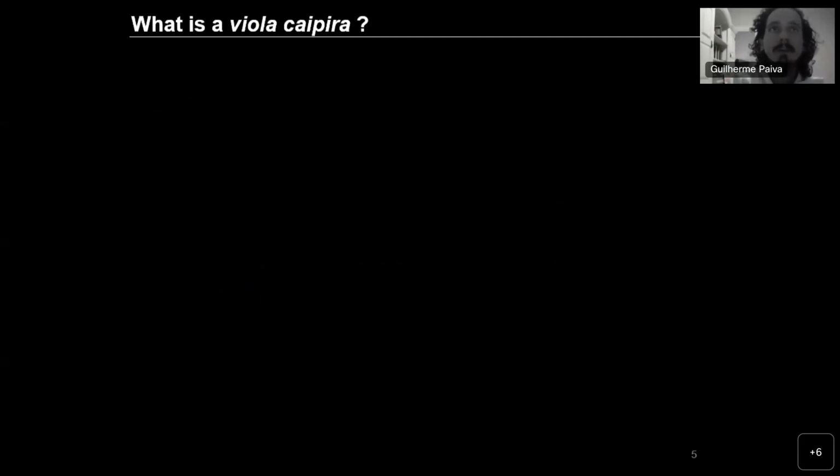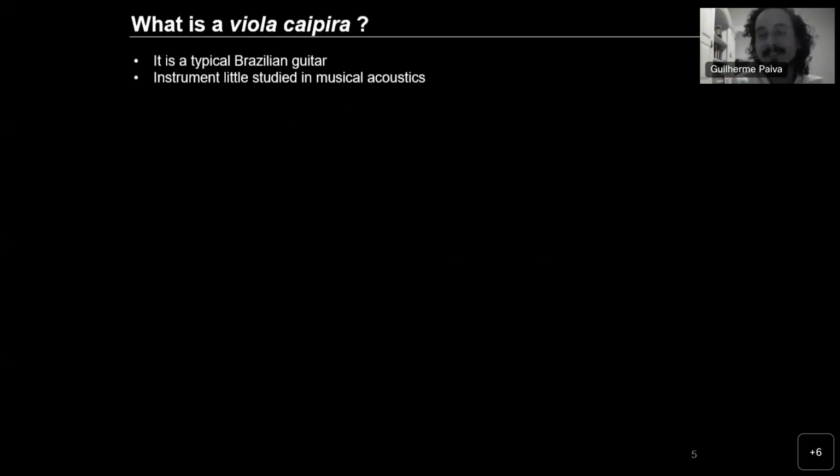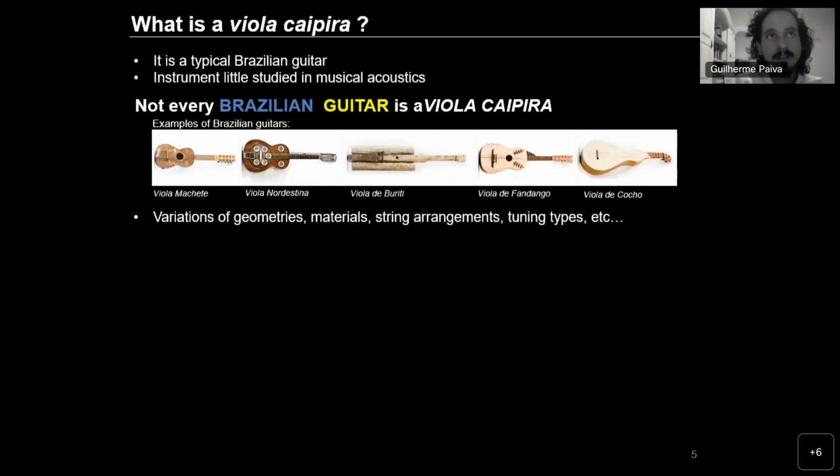So the viola caipira. What is a viola caipira? I think it's an important question, mainly here. It's a typical Brazilian guitar, you can say. The viola is little studied in musical acoustics. But not every Brazilian guitar is a viola caipira. It's important to say that we can find Brazilian guitars with different geometries, different materials, string arrangements, and tuning types.